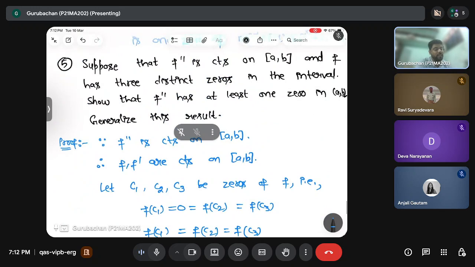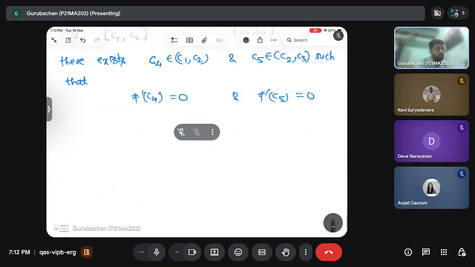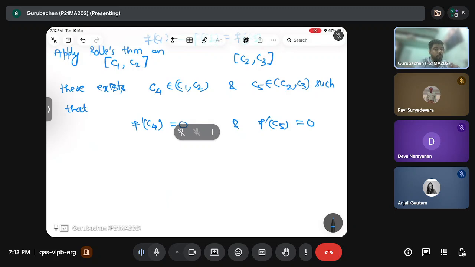And we have been asked to show that there exists at least one zero in (a, b). So we have to discuss the zeros of the double derivative. So it can be written as f dash c4 is equal to f dash c5. And we know that f dash is continuous on the whole interval.